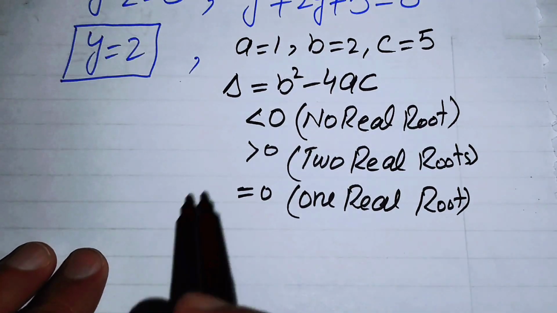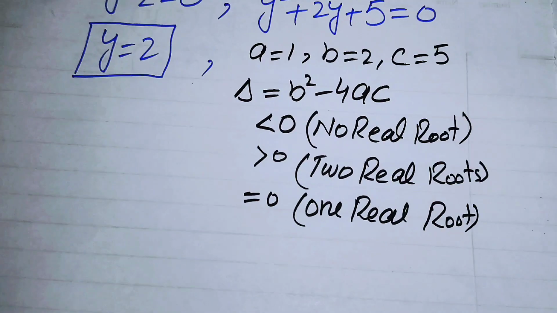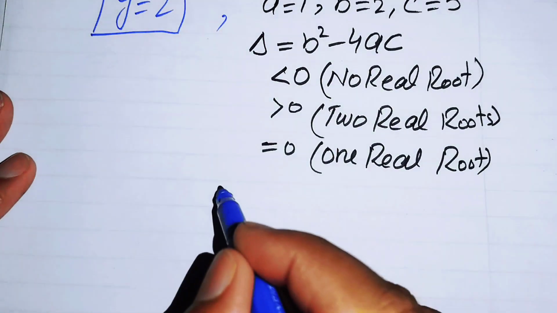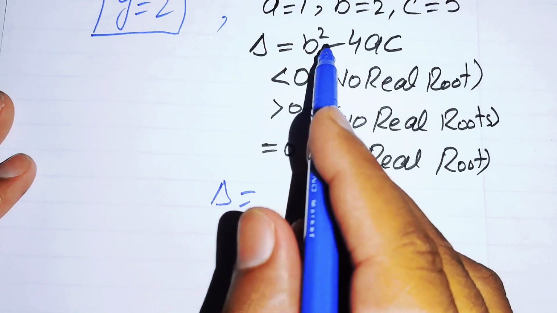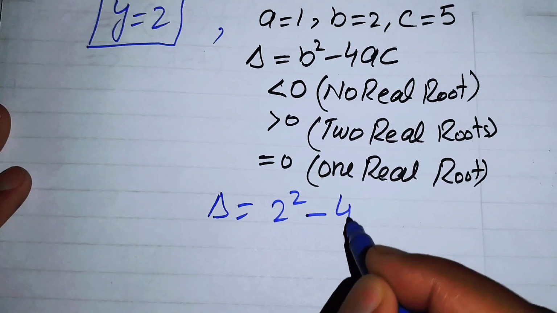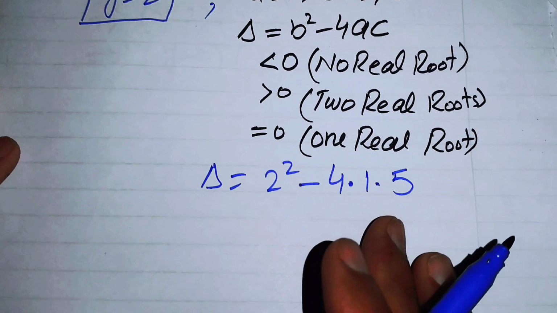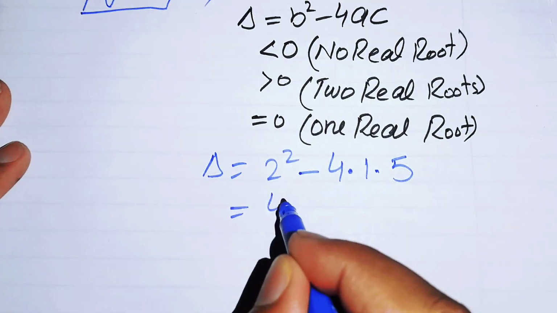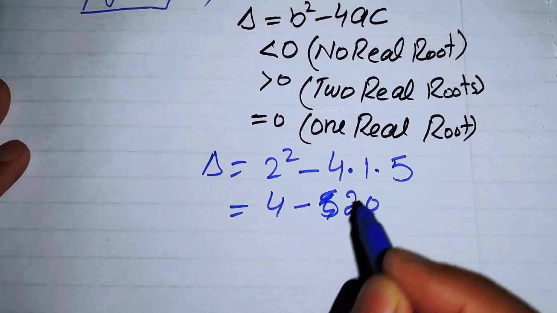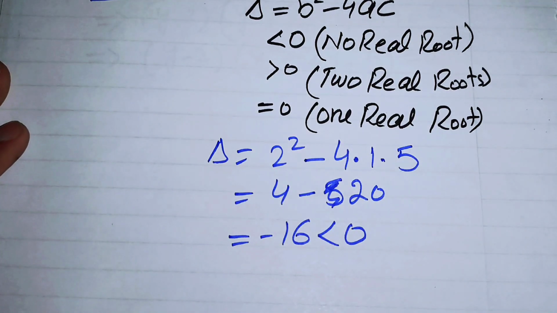Now we check the behavior of this delta by putting the values of a, b and c in this equation. Delta is equal to b squared, the value of b is 2, so you get 2 squared minus 4 times ac, where the value of a is 1 and the value of c is 5. So you get 4 minus 4 times 5 is 20, and 4 minus 20 is equal to minus 16, which is less than 0.